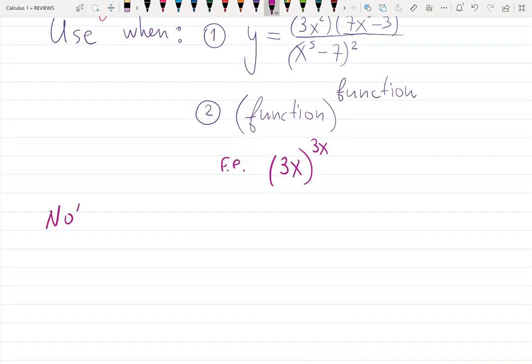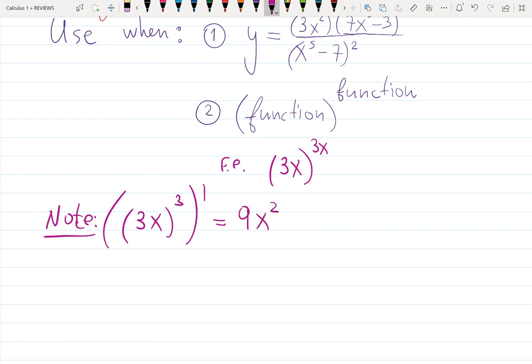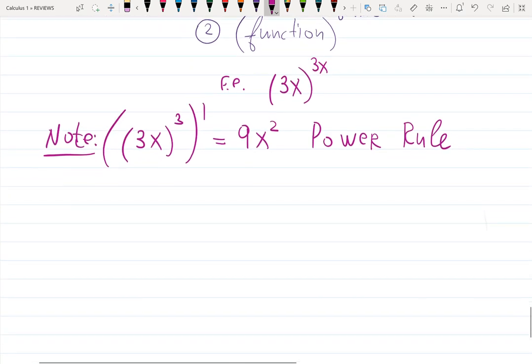Note, three different cases. If I ask you to differentiate 3x to the 3, then the derivative is 3 goes down, it becomes 9x squared. That's what we call the power rule.